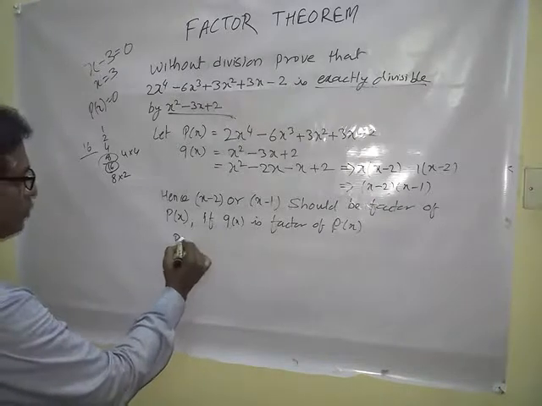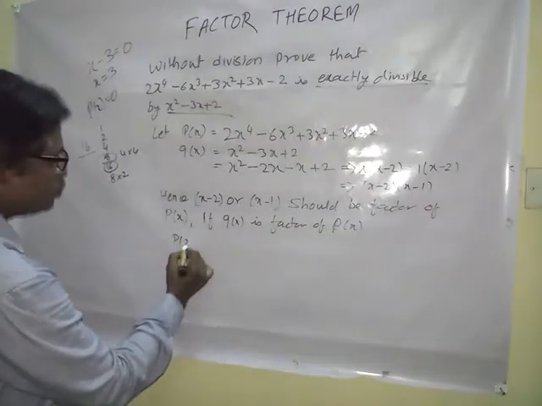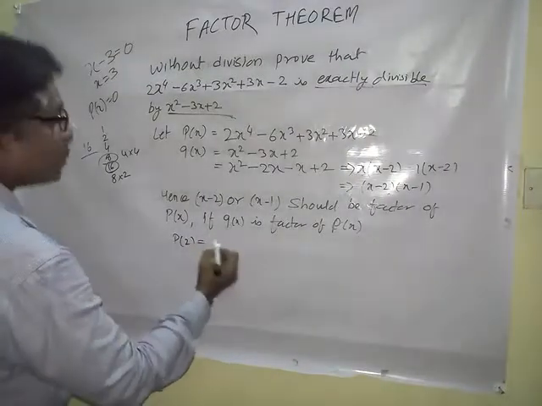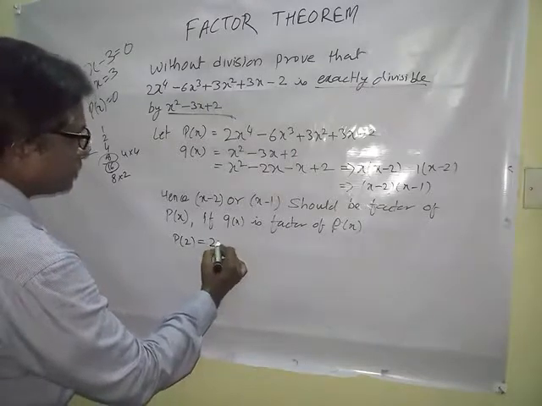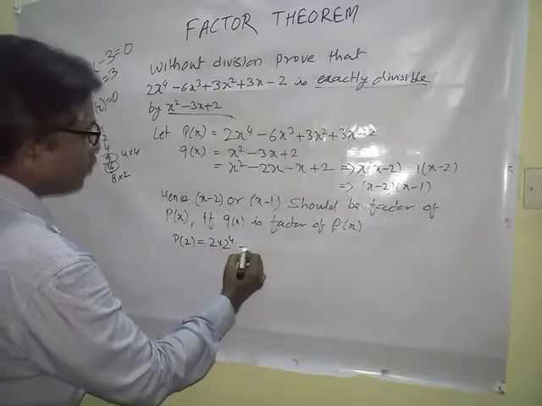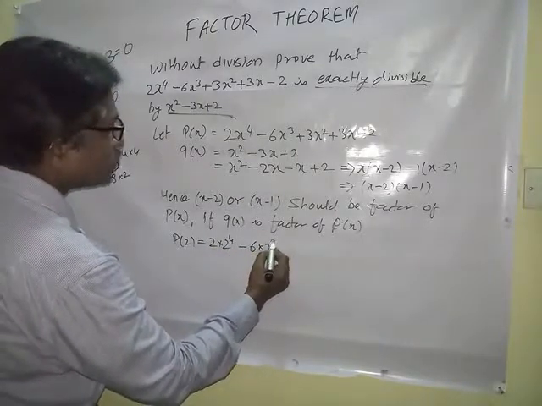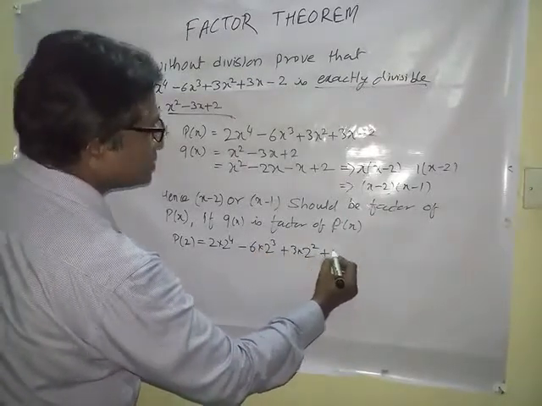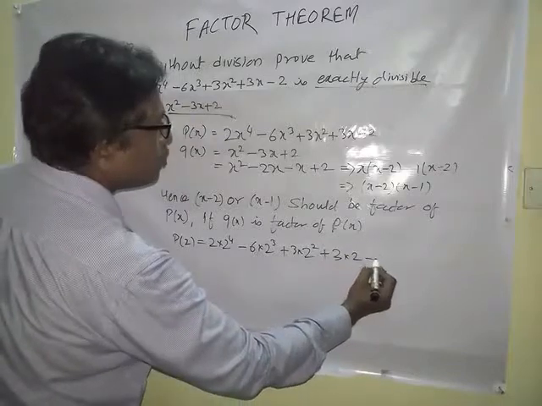So let us find out p of 2. Here you will put the values: 2 into 2 raised to power 4 minus 6 into 2 raised to power 3 plus 3 into 2 raised to power 2 plus 3 into 2 minus 2.